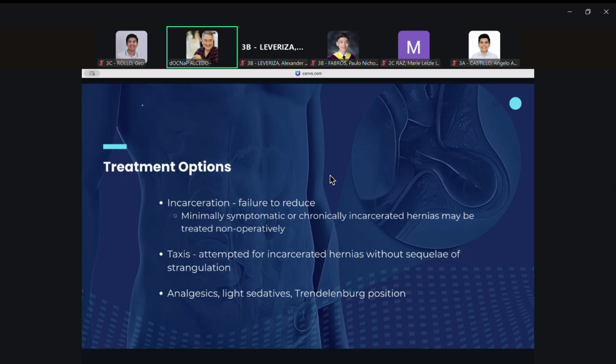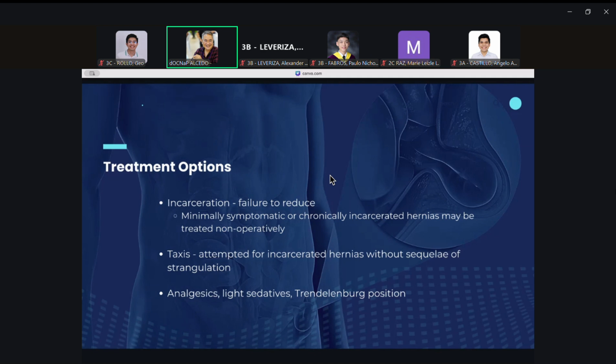Because what happens when you successfully reduce a strangulated hernia? The ischemic strangulated intestine goes back into the abdominal cavity. So now you have a problem. If you repair the hernia without seeing the condition of the possibly strangulated, incarcerated organ, then you don't know whether it is still viable or not. So if you just repair the hernia without knowing the status of the reduced, possibly strangulated intestine, then that patient can develop peritonitis.